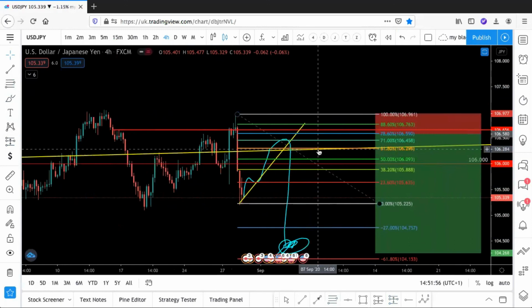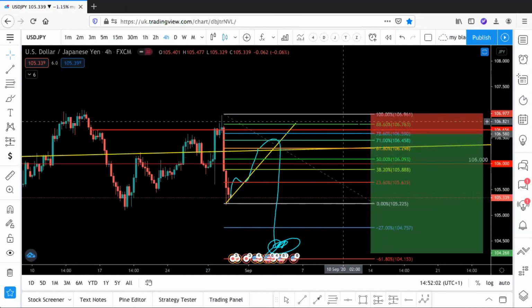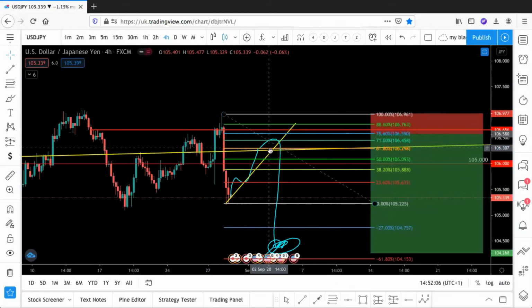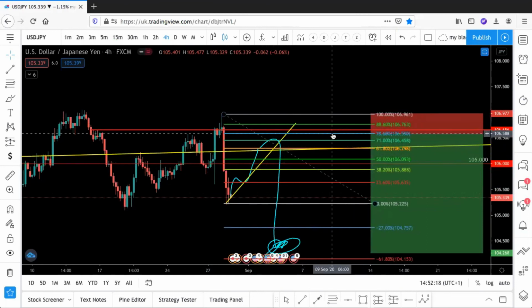This is a potential setup, guys. So we need more price action. We need this move to happen to enter this sell setup. So we need more data. Let's see what the market is going to give us, Monday, Tuesday. Based on that, with the confluence, then we could enter this position on USD-JPY for a sell.